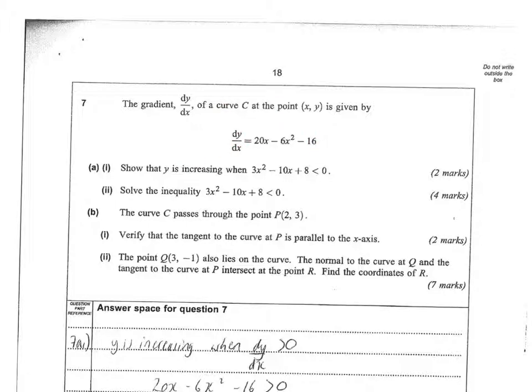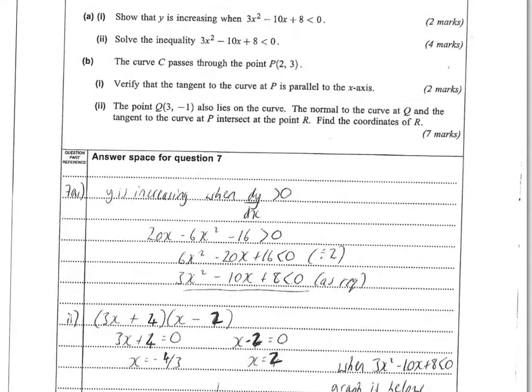So your starting statement is going to be that the gradient is positive, which means this is greater than 0, and all they've done is divided it by 2, and then they've also taken things to the other side to get the final result. In other words, they've divided by -1 as well.